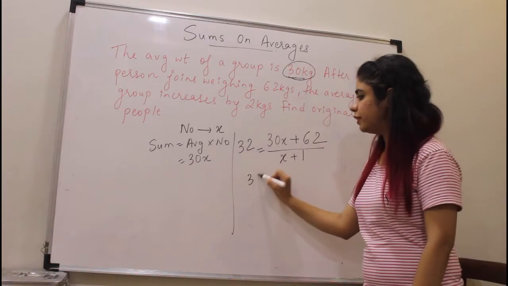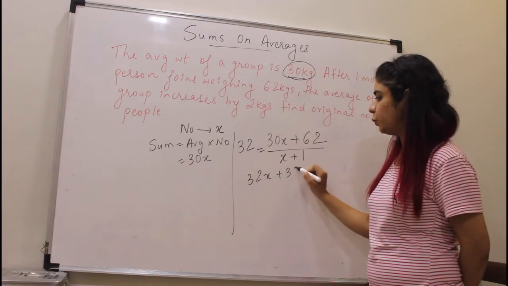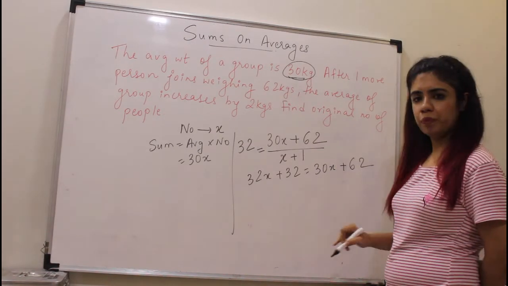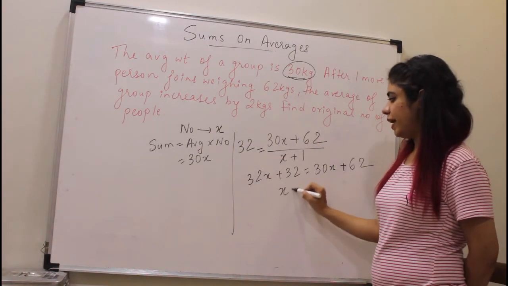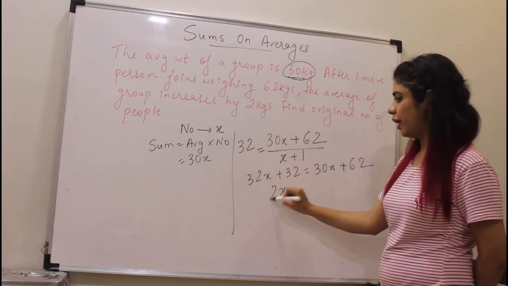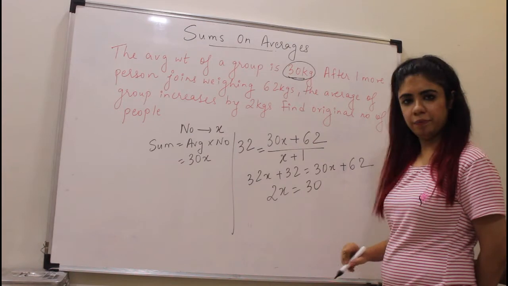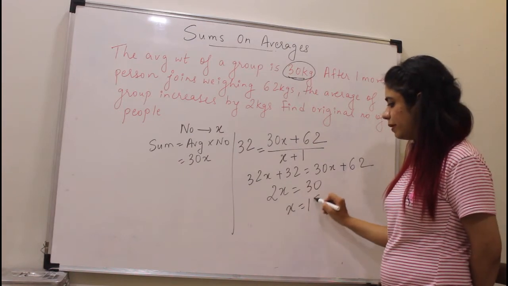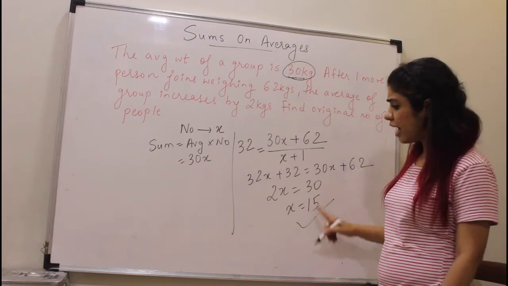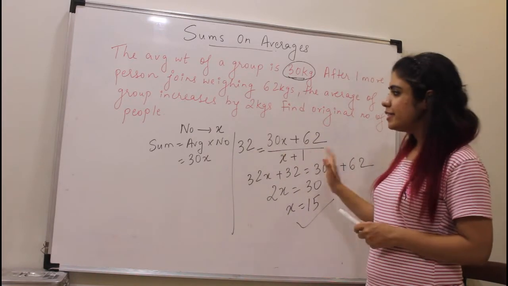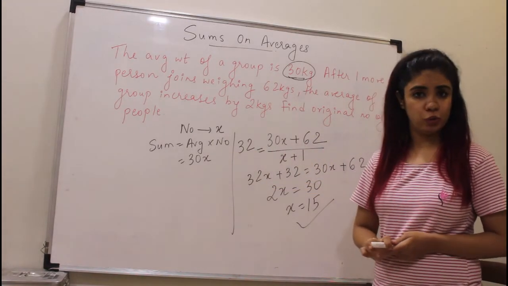So this will be 32x plus 32 is equal to 30x plus 62. So 32 minus 30 will become 2x, and this will be 62 minus 32, which is 30. So your x value will be 15. So that means initially we had 15 people in the group. This is the manual approach to solve the problem.